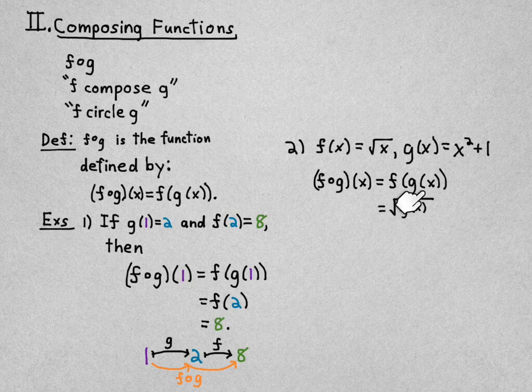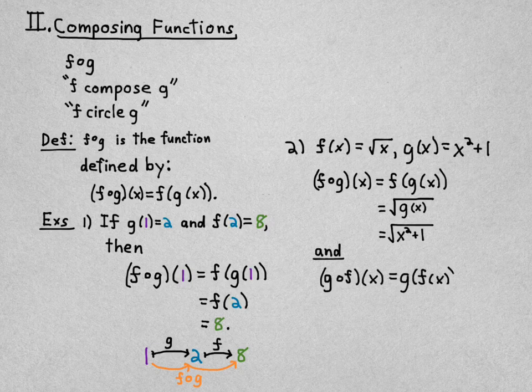See, the x is replaced with g. So this x and this x are replaced with g of x. Okay, and then just write out what g of x is there. Now with a little practice, you can do this all at once here. Just make sure that if it gets complicated, you write it out to make sure you're getting it right. So f composed g of x is the square root of the quantity x squared plus 1.